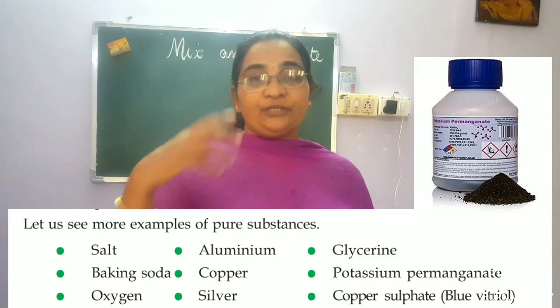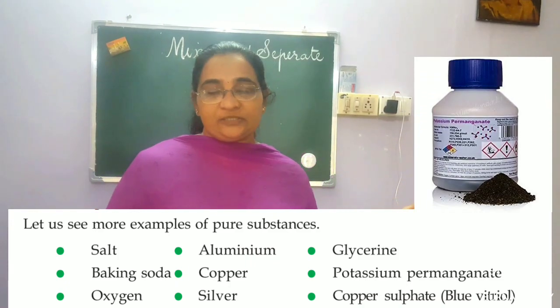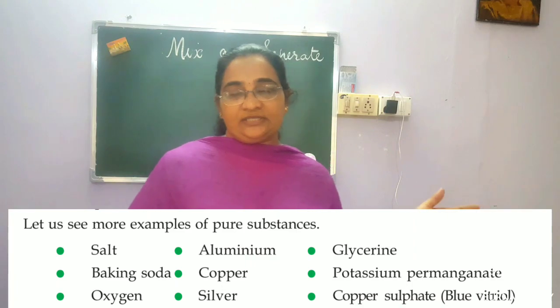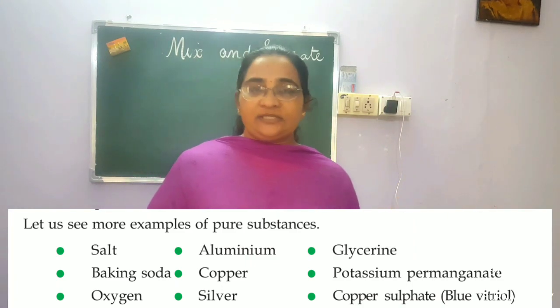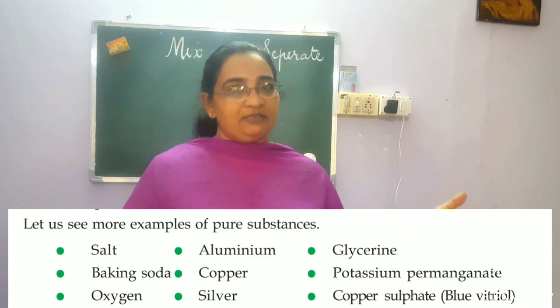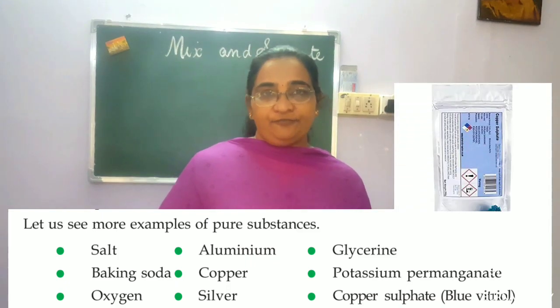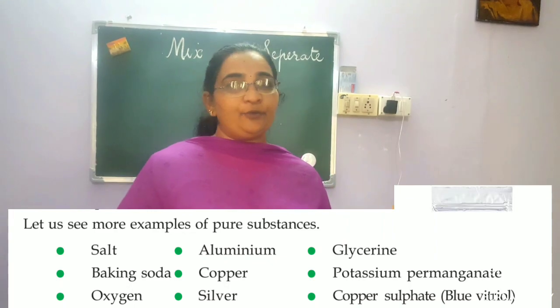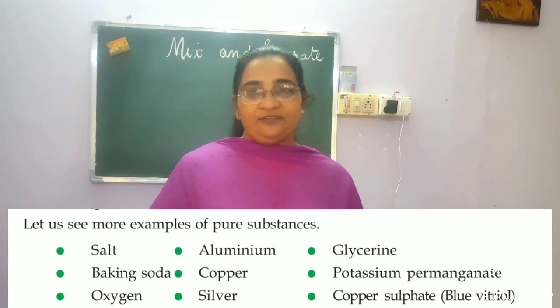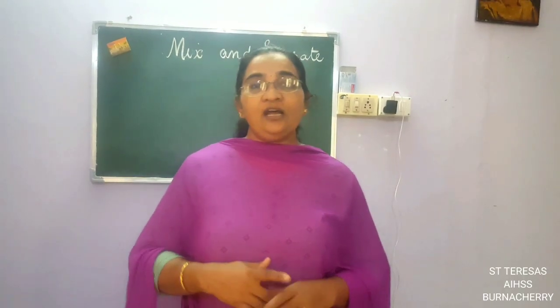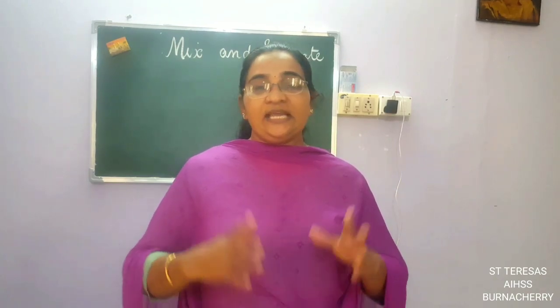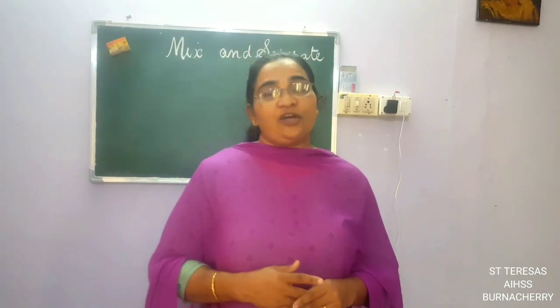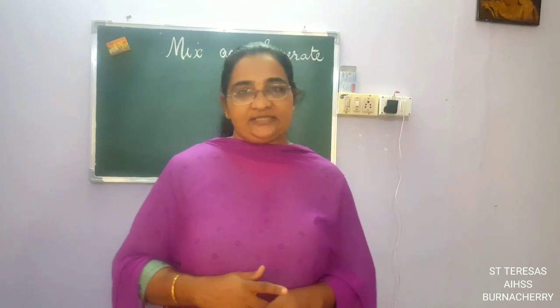Then potassium permanganate. You know what is potassium permanganate? We use it, isn't it, to clean up water. You must have seen potassium permanganate in 5th standard. Copper sulfate. Copper sulfate I have also shown you earlier when we were doing the protein test. So copper sulfate, all these are pure substances, and oxygen is also a pure substance.